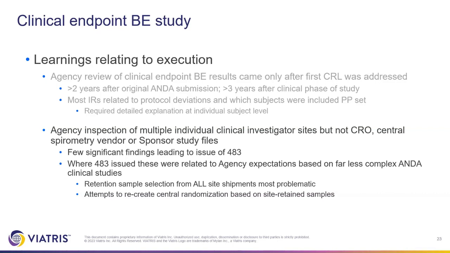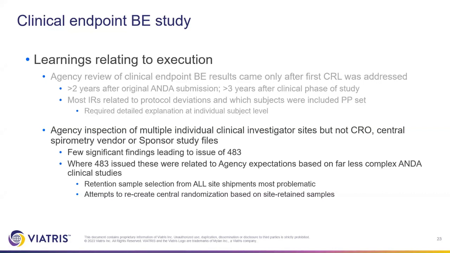And I think it's fair to say that in this type of study, the usual way of inspection for ANDA studies conducted at a small number of sites, it's hard to reconstruct a large multi-centre study by looking at individual sites. We didn't get many findings, but where we did get findings, there was an issue around retention sample selection.